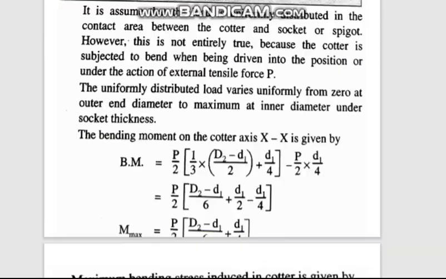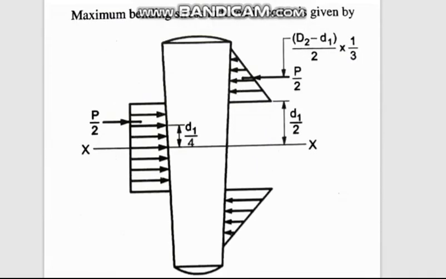You see, this is the Cotter figure. Sometimes the Spigot is on this side, sometimes on that side. So you should understand here we are assuming that the Spigot is this side, the Spigot rod end will be this side, and the socket is this side like this.